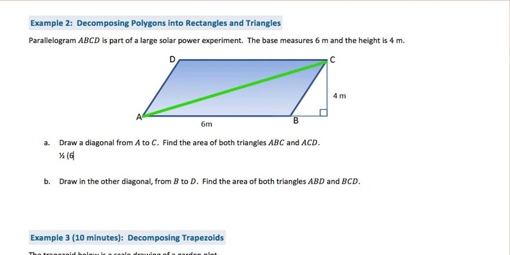The base being 6 meters and our height being 4. And our area would be 12 square meters for each triangle.